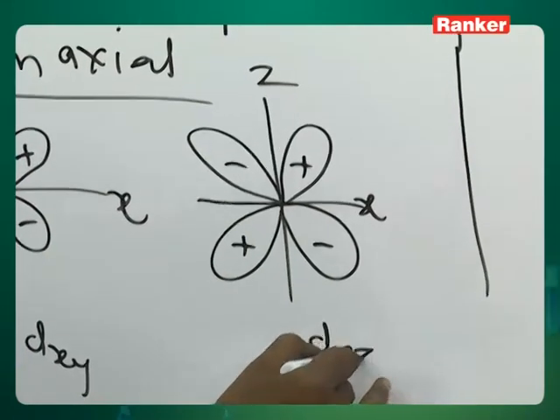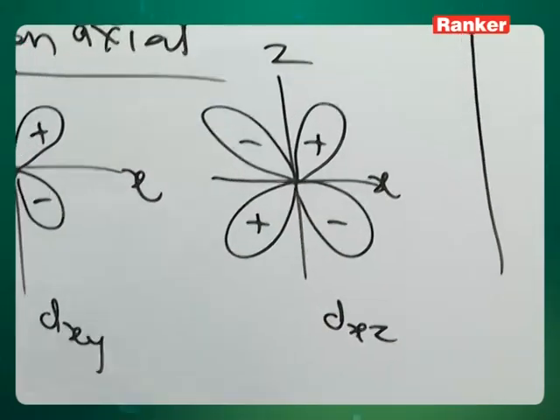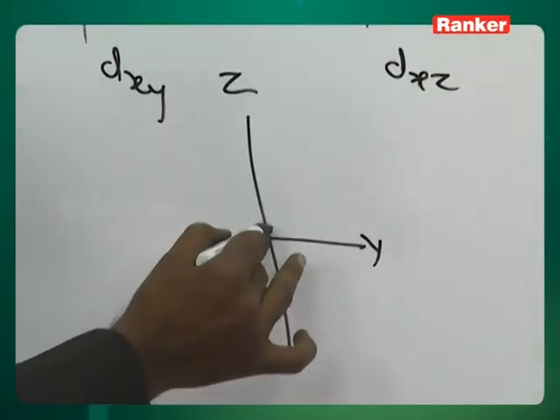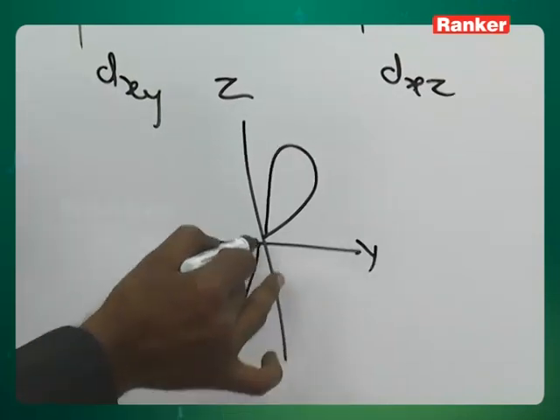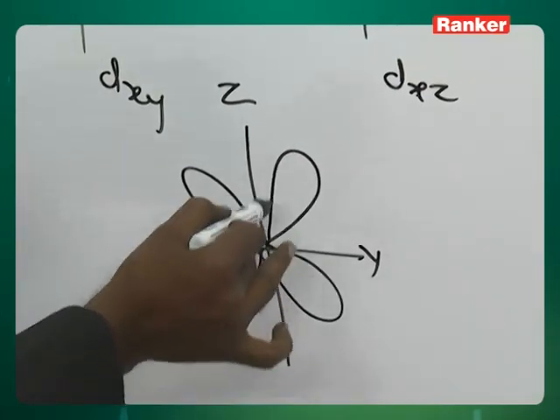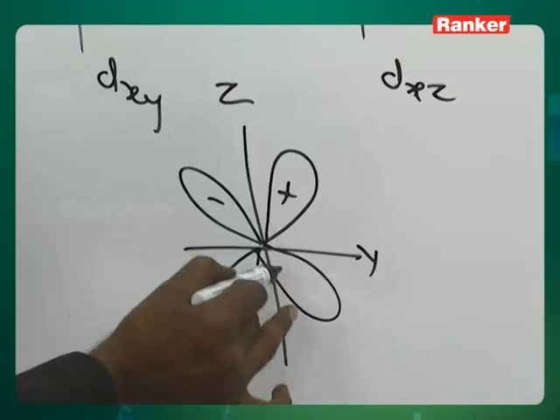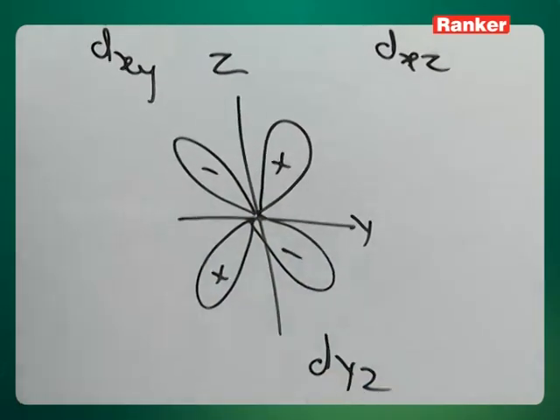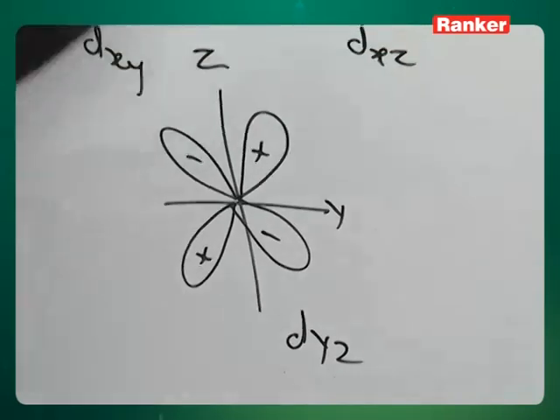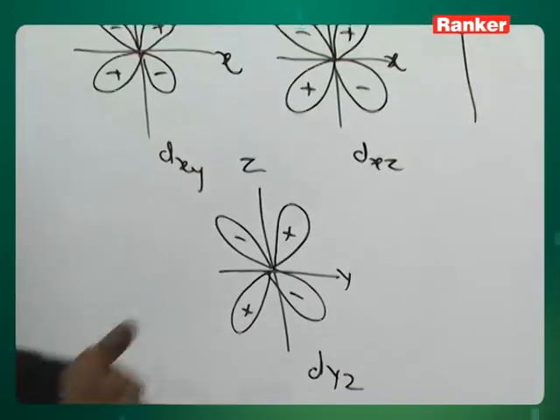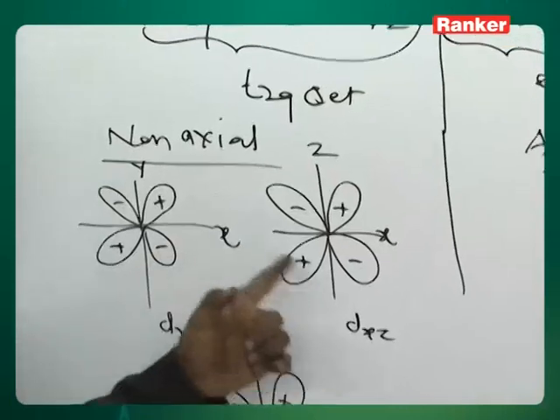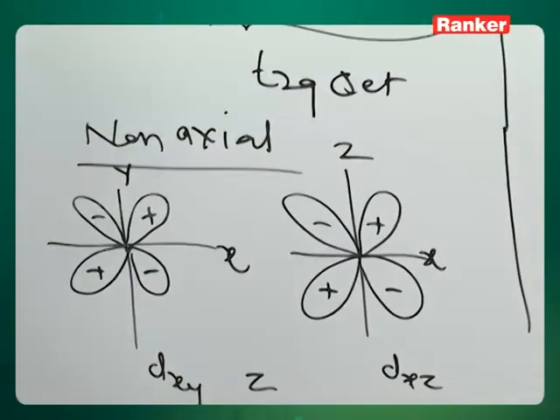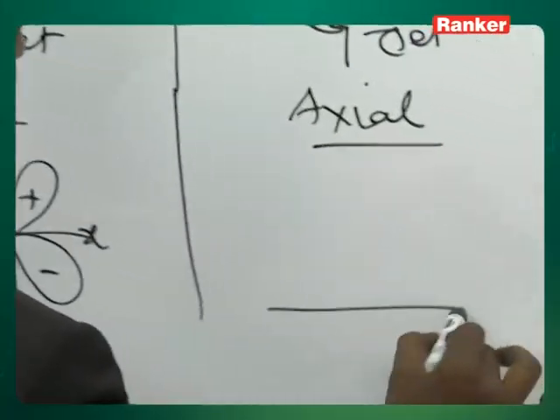Then dyz is oriented in between y and z. You are clearly observing these are, as I said, non-axial. These orbitals are oriented in between the axes.